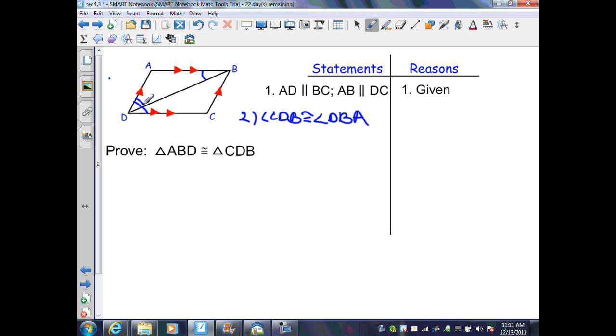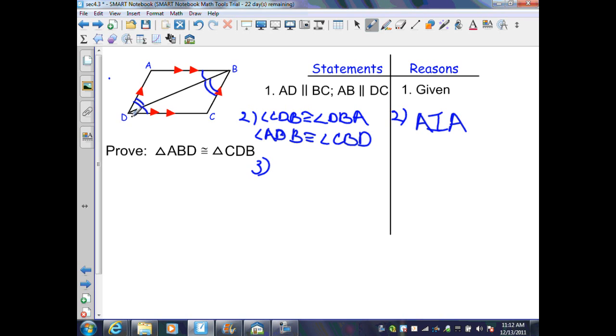Those two parallel lines generate alternate interior angles. And since they are parallel, those angles are congruent. Therefore, I have angle ADB congruent to angle CBD. And the reason is the alternate interior angle theorem. If two parallel lines are cut by a transversal, then alternate interior angles are congruent.